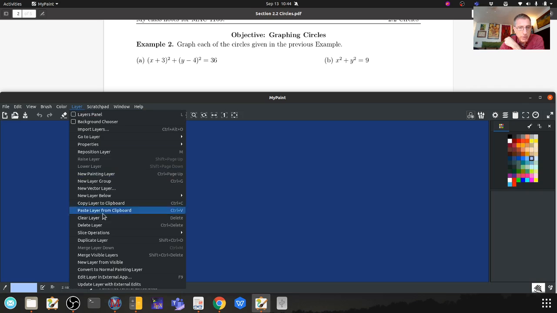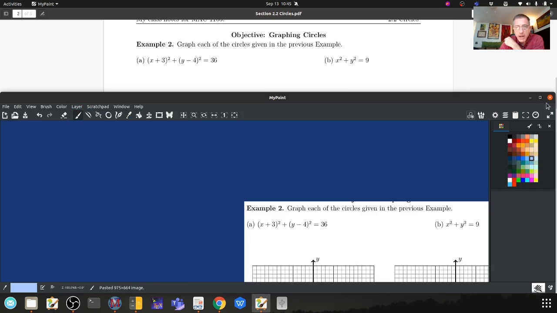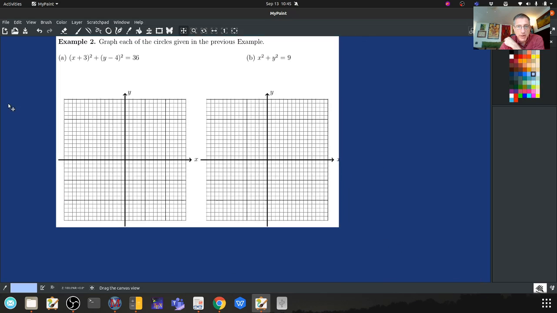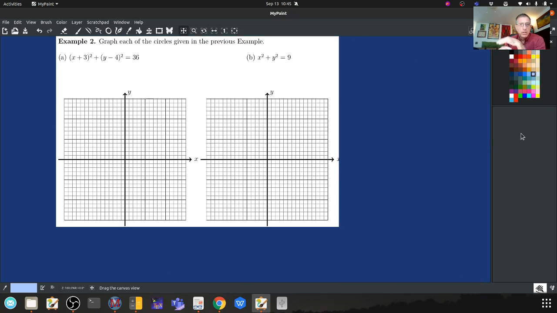For some of you who will be going on to higher levels of math, such as calculus, the calculus track will have to do a lot of graphing. So here, as you recall, if we're given something like this, what we have to do is find the center point. So how do we find the center point? Now, we've already done that, but let's just pretend that we were given these two graphs.